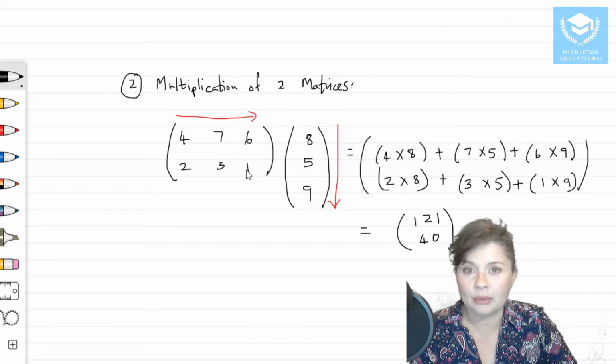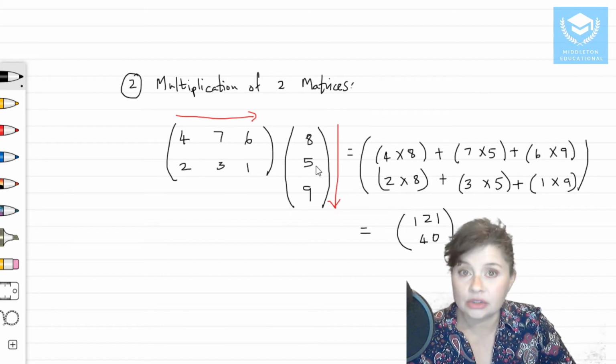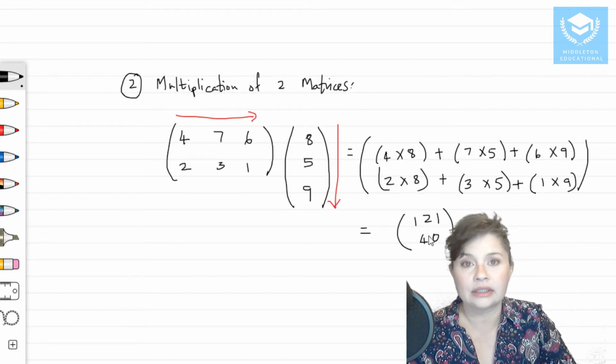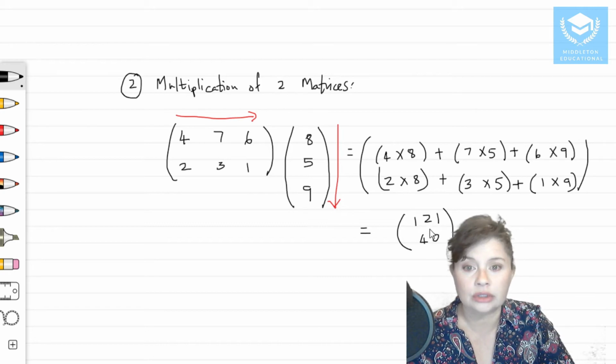Unlike when you're multiplying by a scalar, when you multiply two matrices together, the final order of your matrix is going to be different. Here you have a 2 by 3 multiplied by a vector, a single column, and you end up with another vector, but you've only got 2 rows as opposed to 3 rows over here.